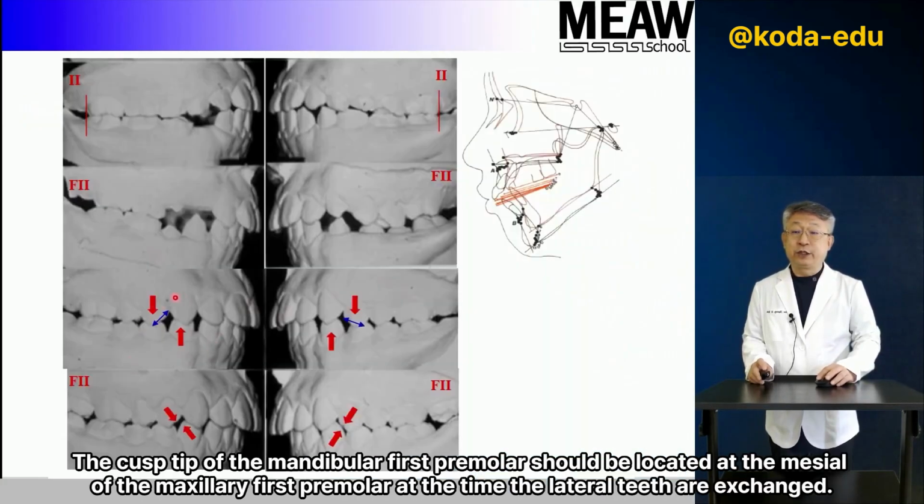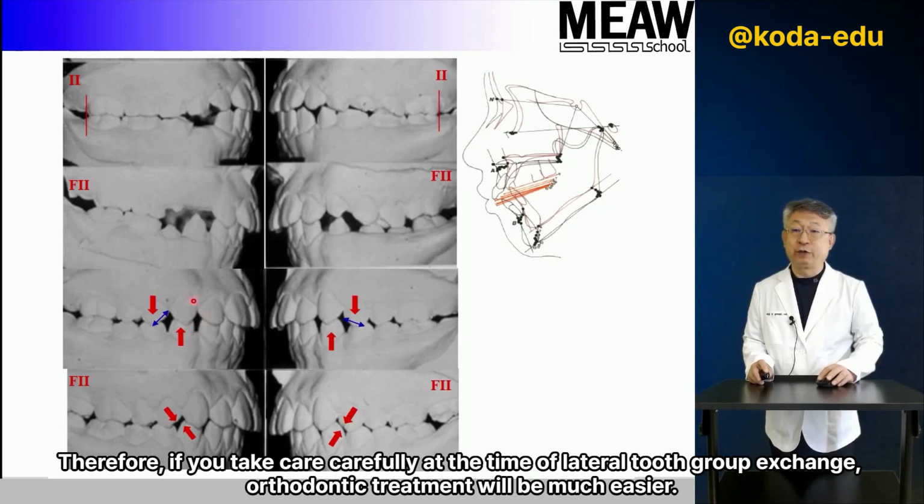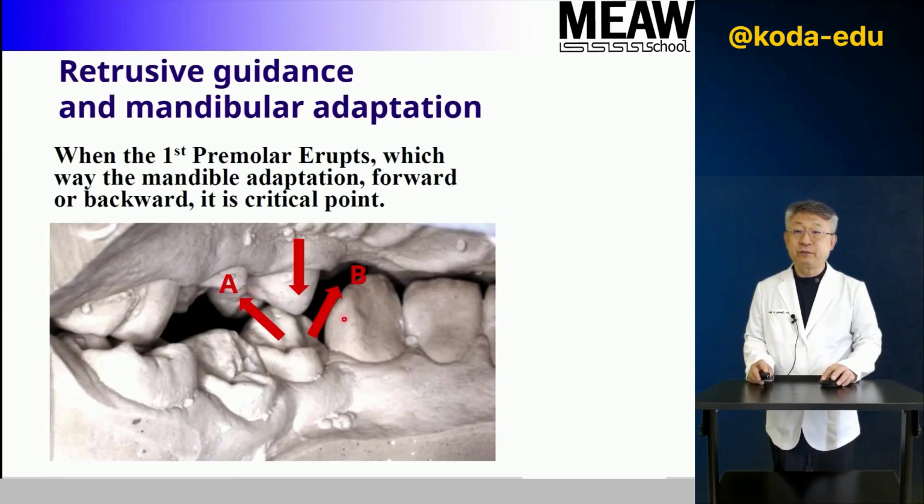The cusp tip of the mandibular first premolar should be located at the mesial of the maxillary first premolar at the time the lateral teeth are exchanged. If not, it results in a full class 2 relationship. Therefore, if you take care carefully at the time of lateral tooth group exchange, orthodontic treatment will be much easier.